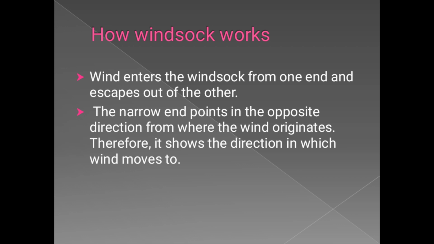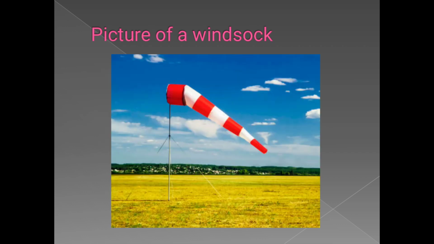So I'll take you through how a windsock works. As I said earlier, a windsock is open on both sides, in which wind enters from the wider side and escapes from the small side. As I can show you the image again, you can see the first side is wide and the lower side is narrow.